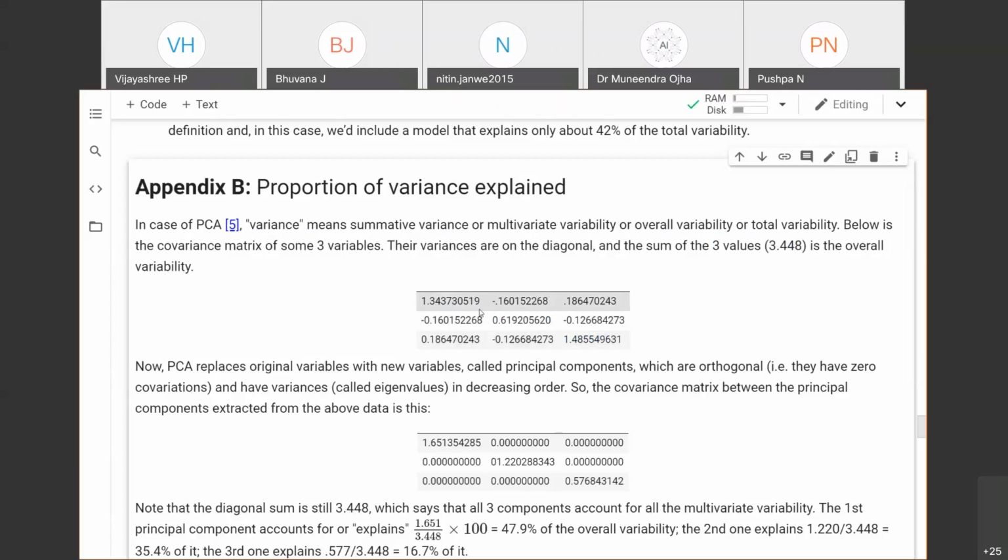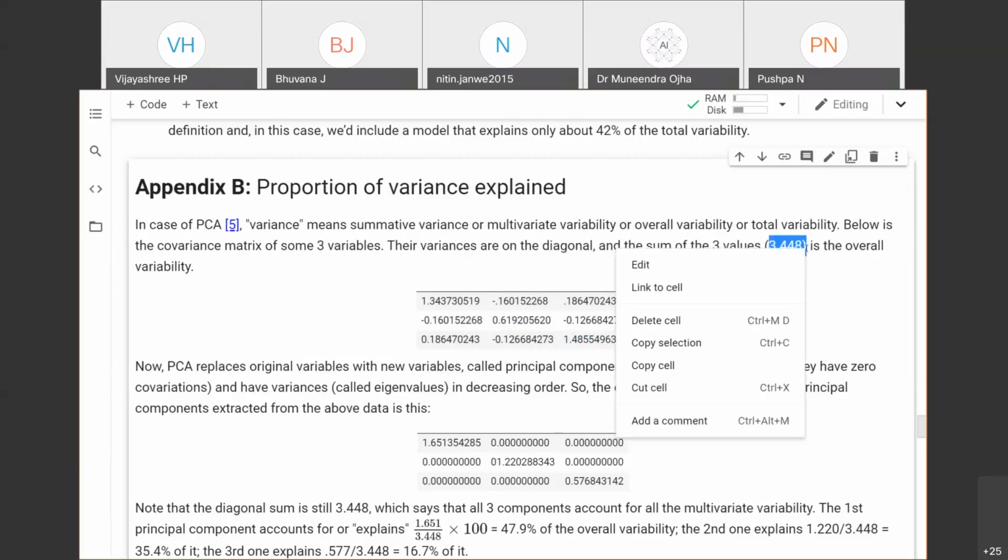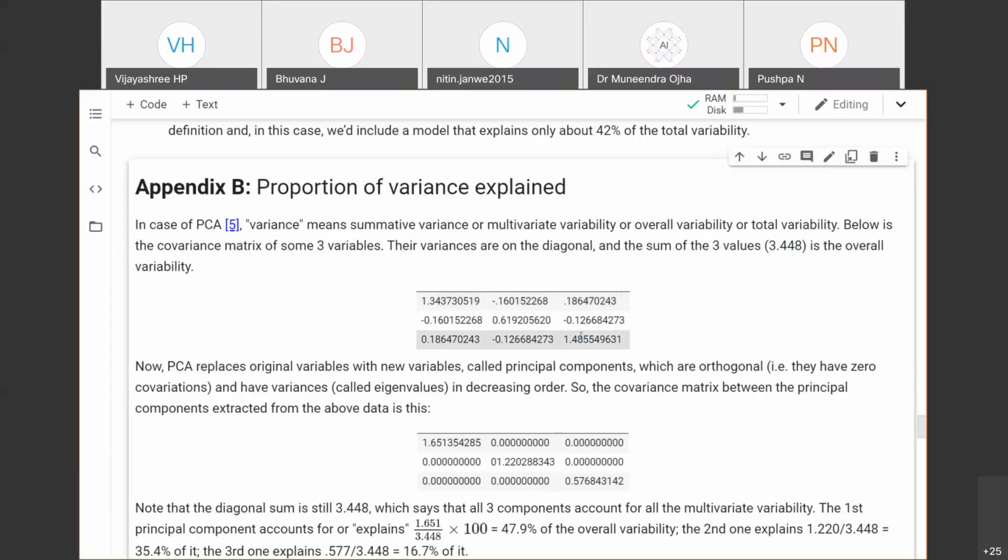If you add these three diagonal values, you will get the overall variability of the original data matrix. And what is this matrix? This matrix is the covariance matrix of the original data matrix. So if I add all the diagonal values, I will get the total variability of the data matrix.